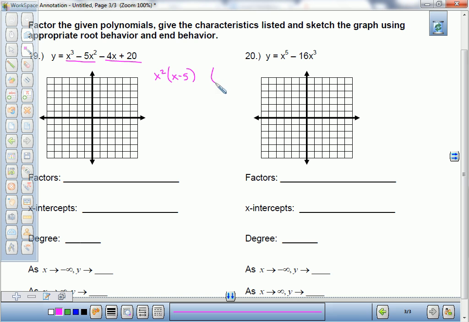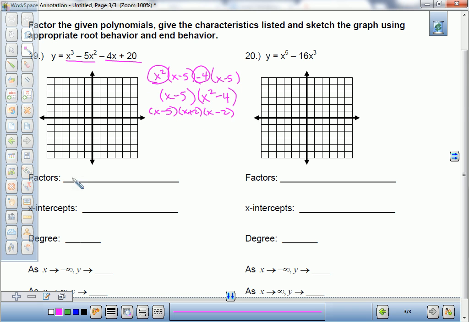Okay, so 18 is 4 terms. So when we have 4 terms, we're going to try that grouping where we put the first 2 together and see if they have anything in common, and then put the last 2 together. So if it has 4 terms, we're going to do grouping. So what do the first 2 have in common? An x cubed. And if we pull that out, what does it leave you?